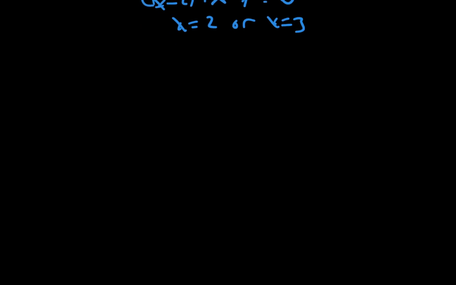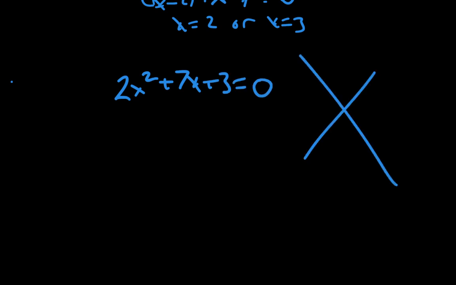A little more complicated example could be like 2x squared plus 7x plus 3 is equal to 0. So same thing, we have our 2 times 3, and that becomes 6, and then they add up to 7.